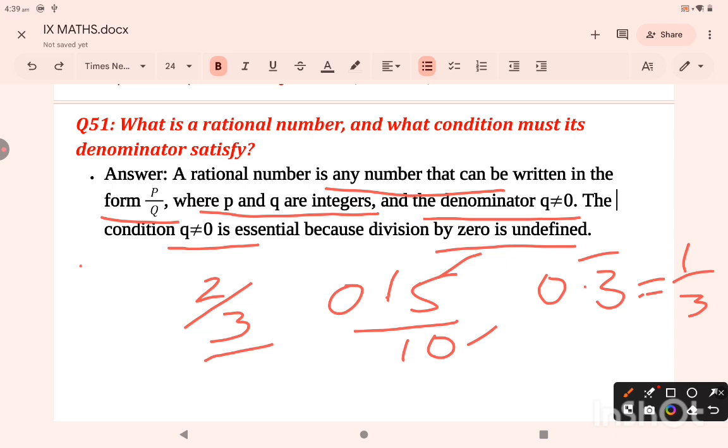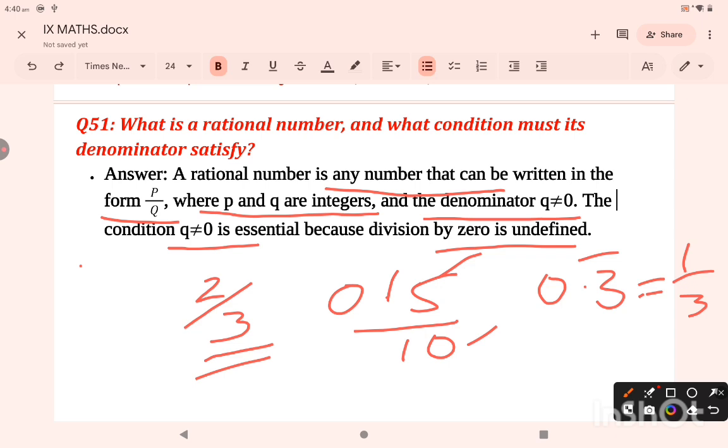That means all the numbers that are in the form of p by q or can be expressed in the form of p by q. Expressed means, 0.5 is a terminating decimal. Now this can be expressed in the form of p by q. That means 0.5 is equal to 5 by 10. 0.3 bar is a non-terminating recurring decimal.